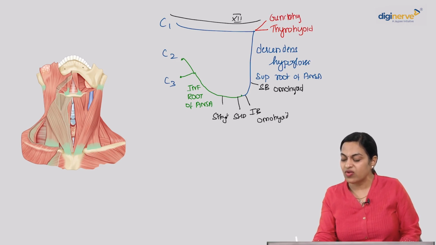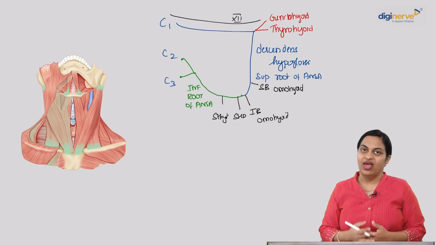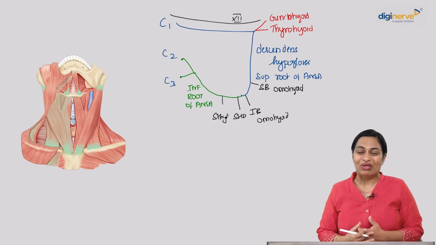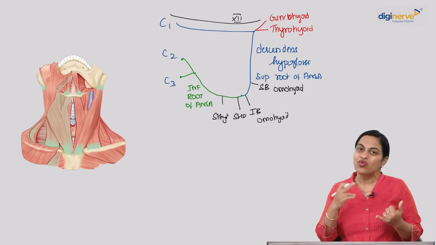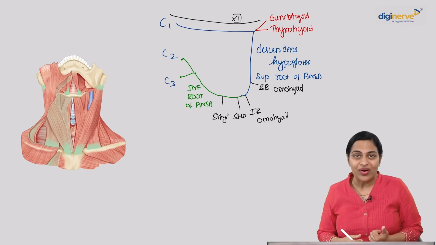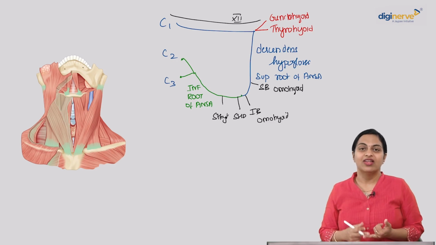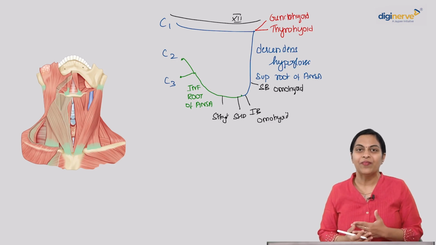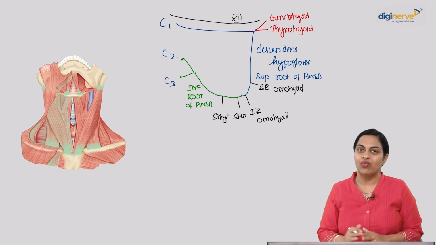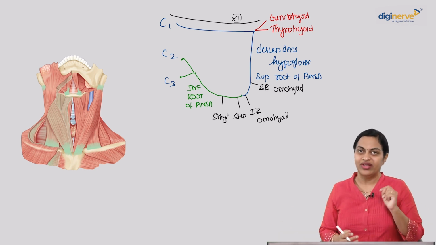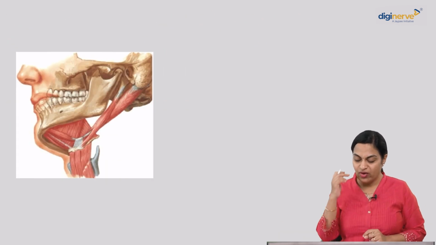So this is all very important. If someone asks you, the nerve supply to the superior belly comes from the superior root. Sternohyoid comes from the loop of ansa. Thyrohyoid is exclusively from C1, not through the ansa. Got it?